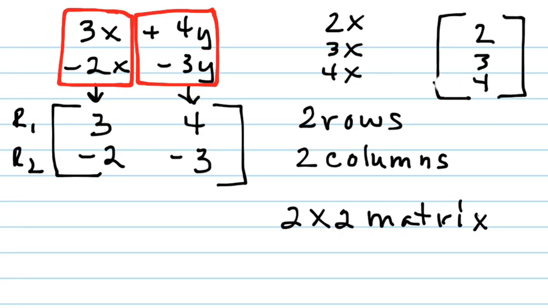So it's still a matrix, and it has 3 rows. Notice this notation I'm using, row 1, row 2, row 3. But it only has 1 column going up and down. So this is a 3 by 1 matrix. The row always comes first, then the number of columns comes second. Okay? These are called the dimensions.